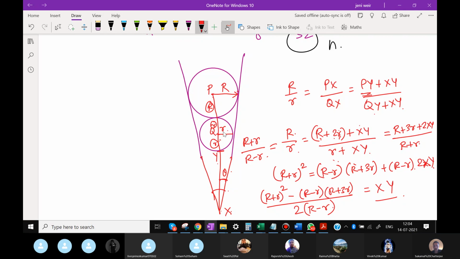So now just draw a perpendicular from here to here, right? So if you draw a perpendicular from this to this, what do you get? You get a rectangle, right? Or you can draw it the other way around, whichever is convenient to you.